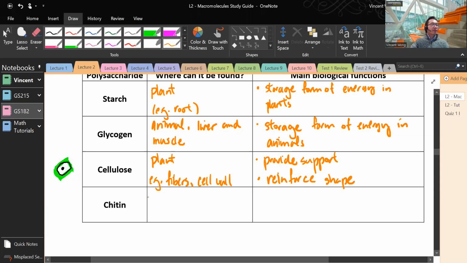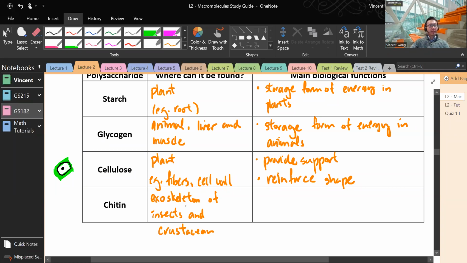And we also have chitin. Chitin, you will find in the exoskeleton of insects, for example, and crustaceans.